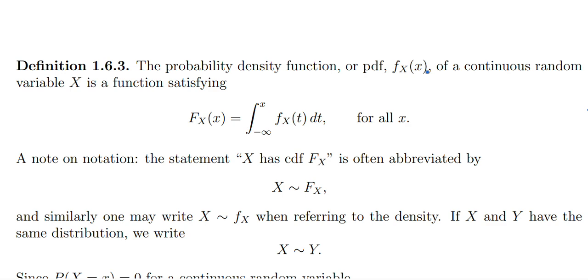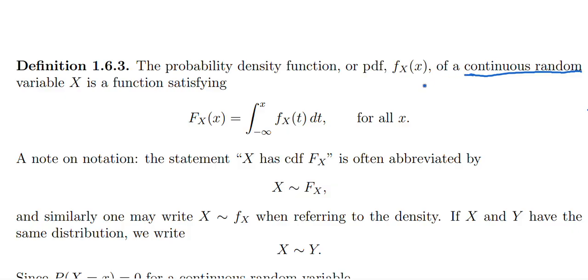The probability density function, or PDF, fx of x of a continuous random variable x is a function satisfying Fx of x equals, so what? It's the definition of what? It's the definition of a continuous random variable.